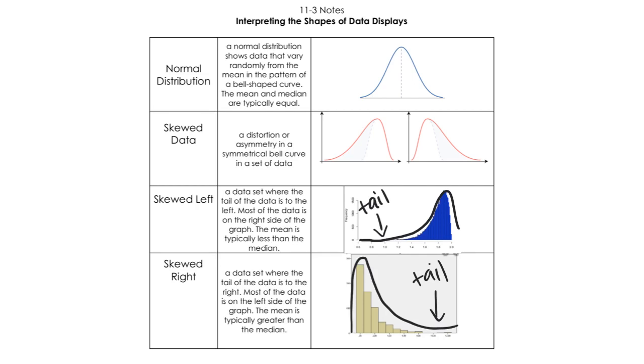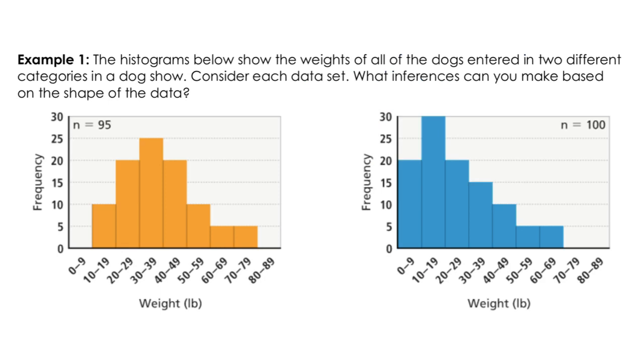So let's look at some examples together. So if we are looking at some histograms, same kind of concept, no matter what kind of data we're looking at. So it says the histograms below show the weights of all dogs entered into two different categories of dog show. Consider each data, what inferences can be made about the shape of the data. So looking at this first one, the orange one, I like to kind of draw my shape of my data to kind of see what's happening.